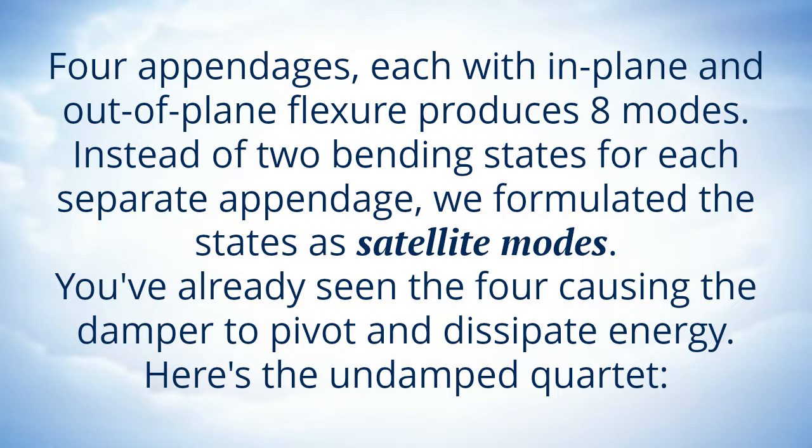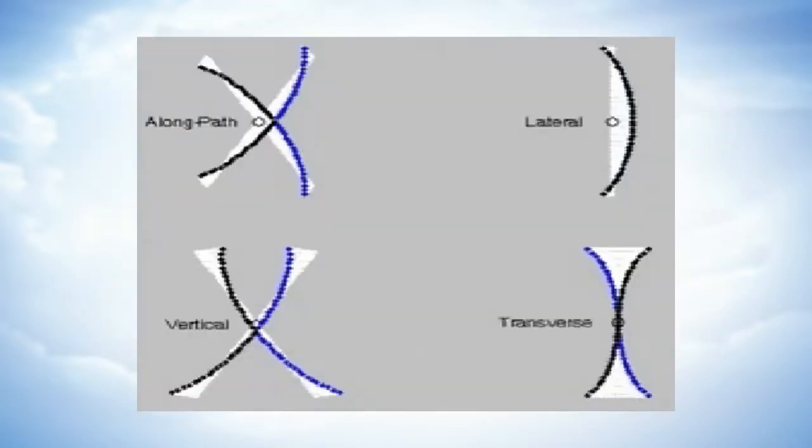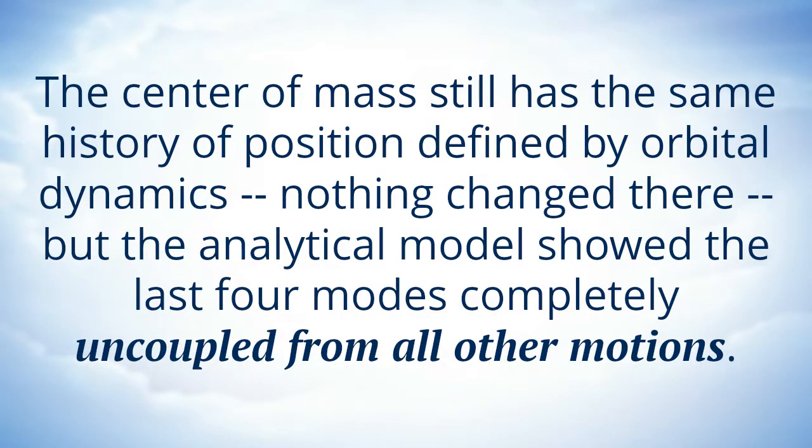You've already seen the 4 causing the damper to pivot and dissipate energy. Here's the undamped quartet. The center of mass, at the little o, still has the same history of position defined by orbital dynamics. Nothing changed there. But the analytical model showed the last 4 modes completely uncoupled from all other motions.